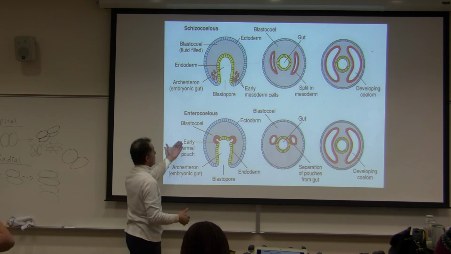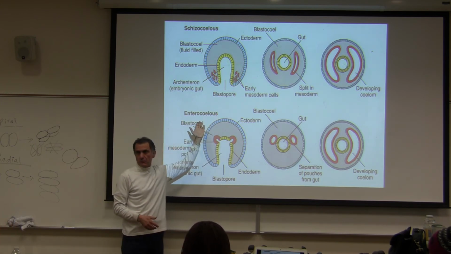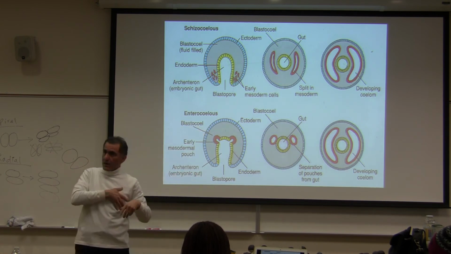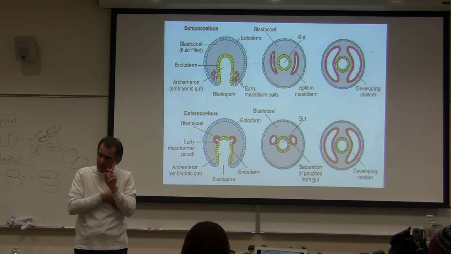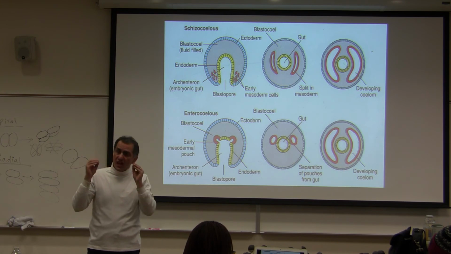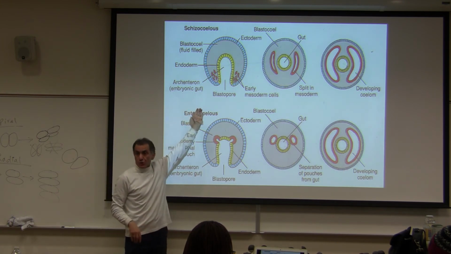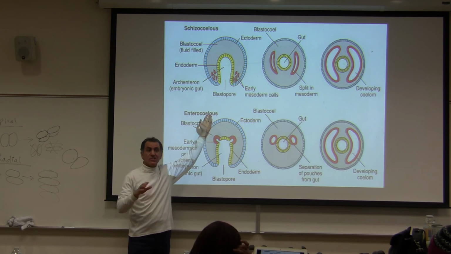Among enterocoelous animals, you have the starfish. Starfish is an enterocoelous animal. It's a deuterostome animal. Generally, this is again just like your heart, where you have pulmonary artery and pulmonary vein, there are exceptions. You remember that? Generally, animals that are protostome are schizocoelous.